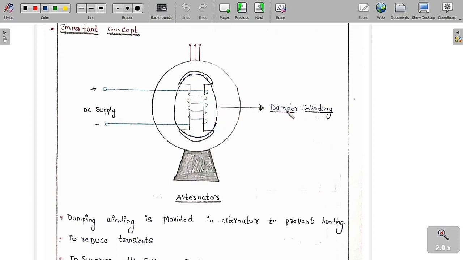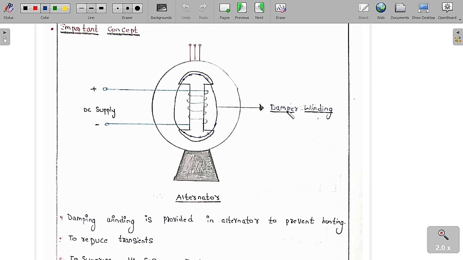And I have already told you one important point, so listen carefully. The function of the damper winding in the synchronous generator is to remove the hunting only, whereas the damper winding does two functions in the synchronous motor: it removes the hunting, and it also provides the starting torque.